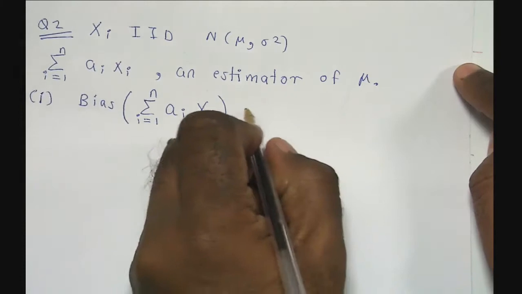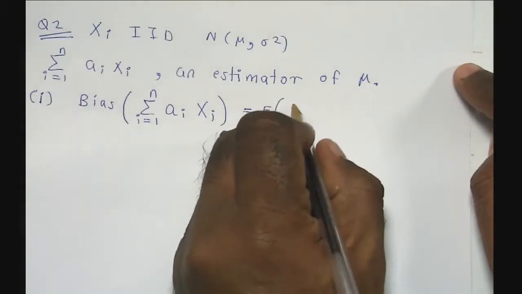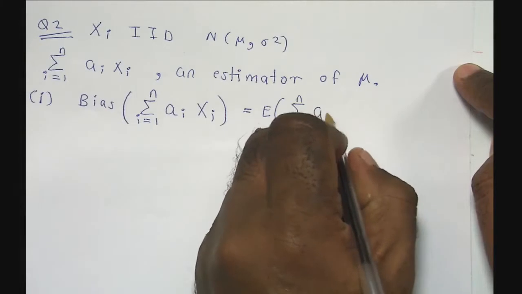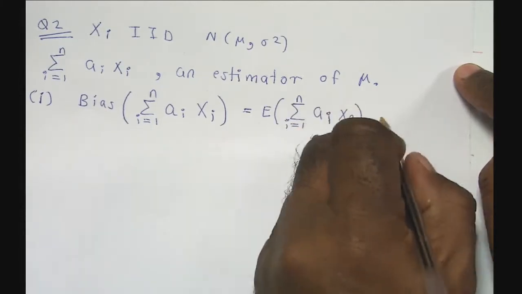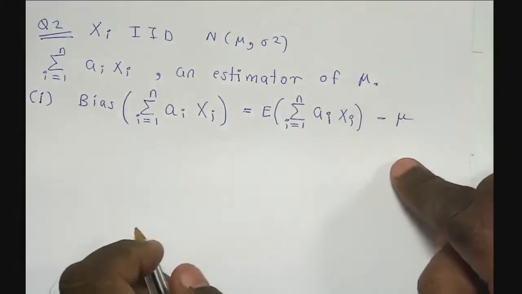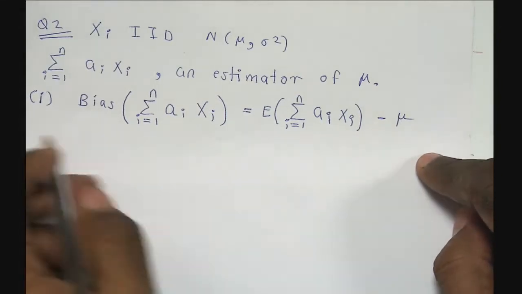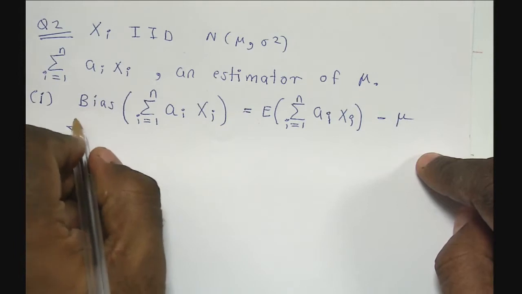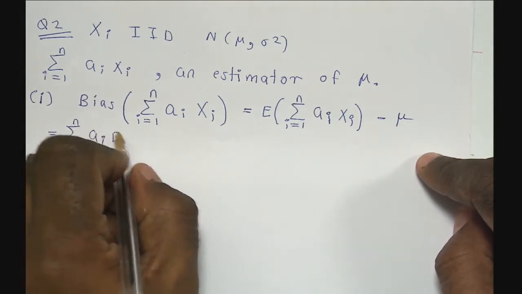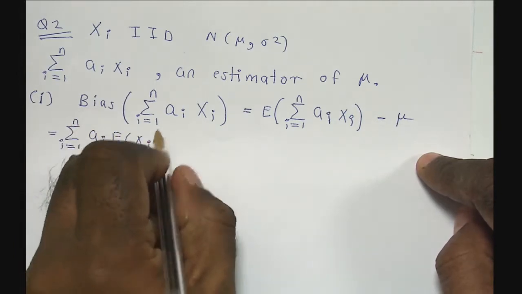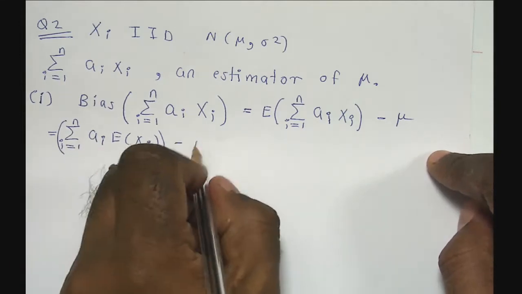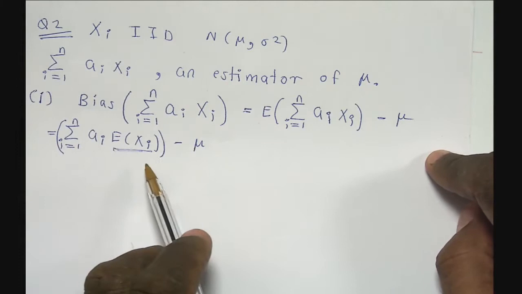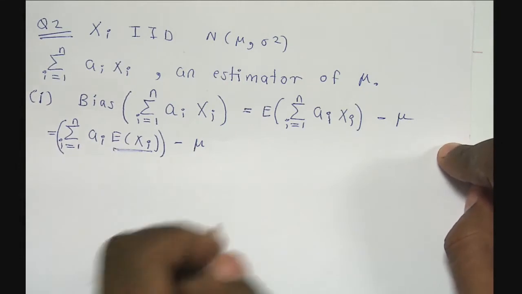So the bias, as you know, is defined as this. This is the definition of bias. Taking the expectation inside, you have this. Now we know that each xi has a normal distribution, so the expectation of xi is mu.